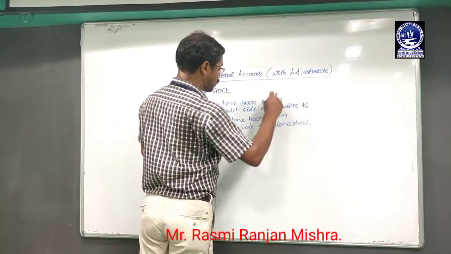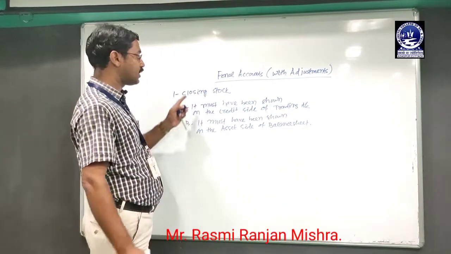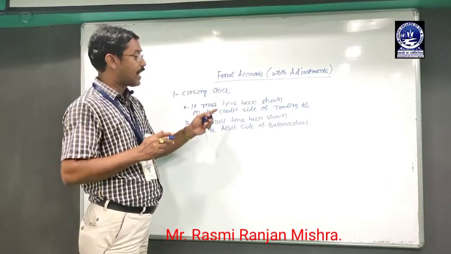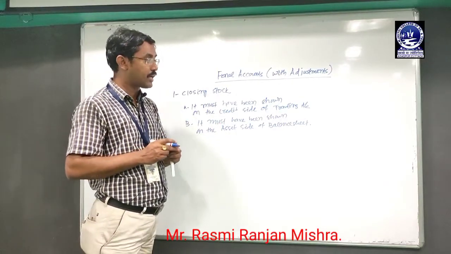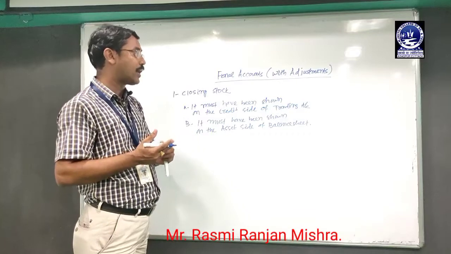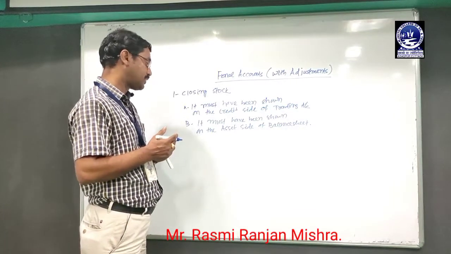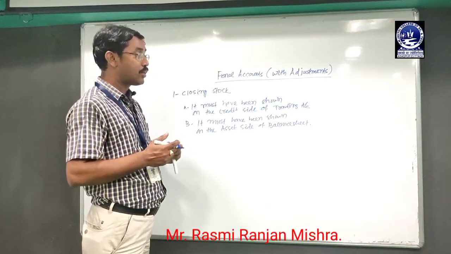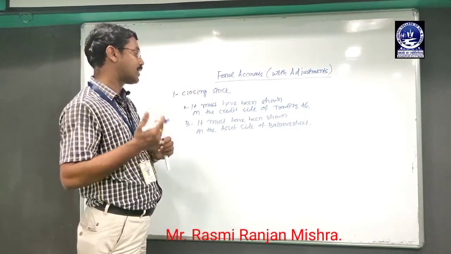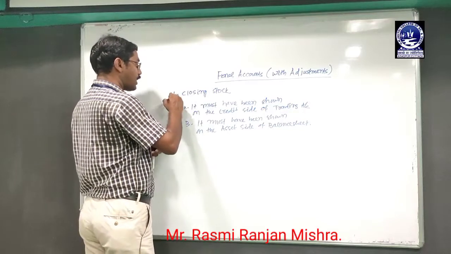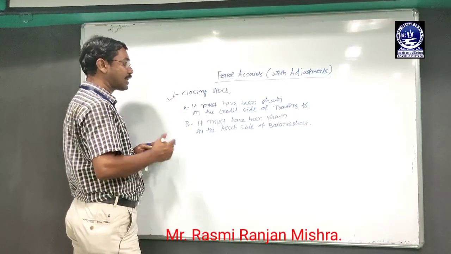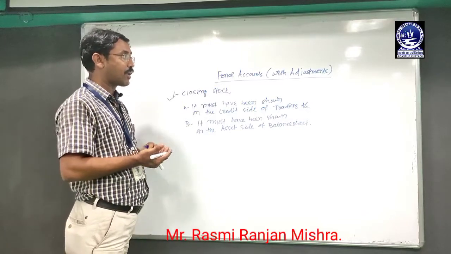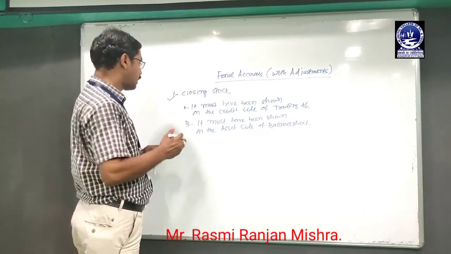So these two treatments must be made if closing stock is given outside the trial balance. First, it is shown on the credit side of the trading account at the time of finding the gross result of the business, and second, it is shown on the asset side of the balance sheet as closing stock, as an asset. So this is one item relating to closing stock that is adjusted if it is given outside the trial balance.